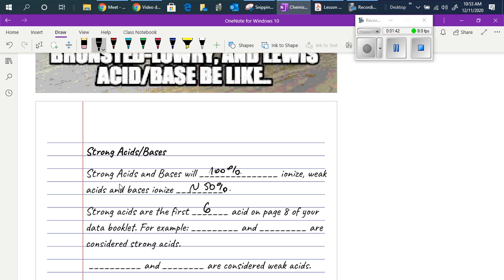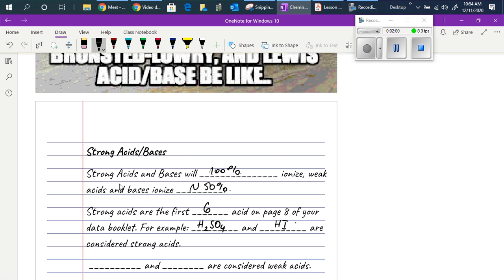So when we see, let's say, hydrochloric acid, or hydroiodic acid, they are considered strong acids.